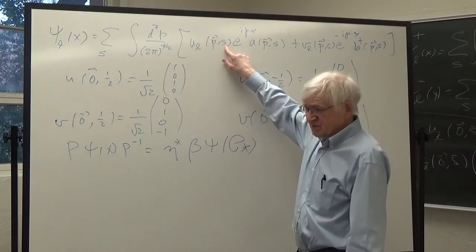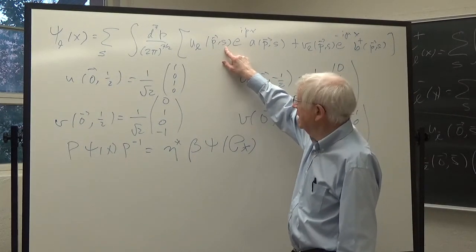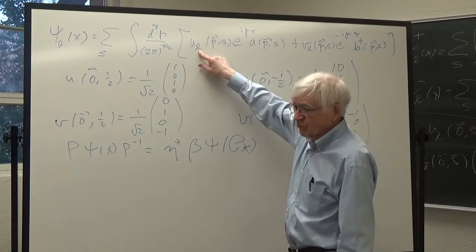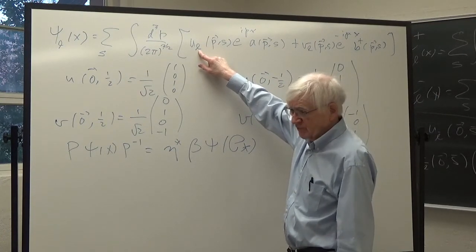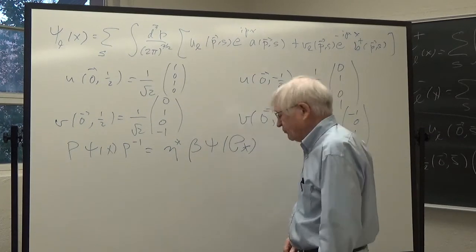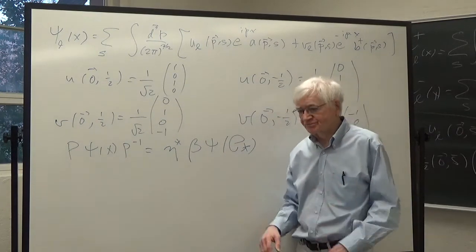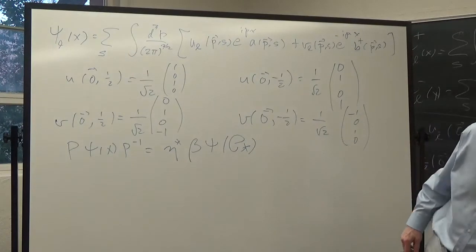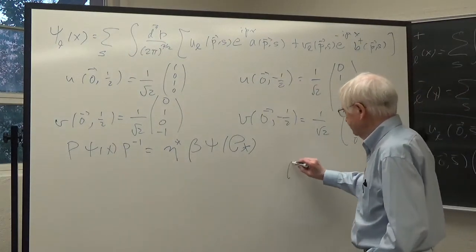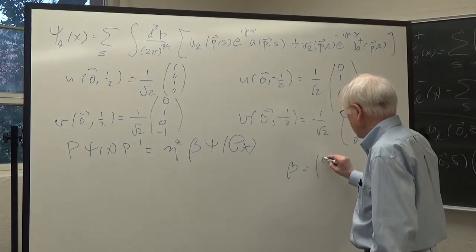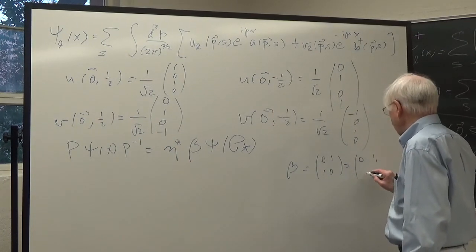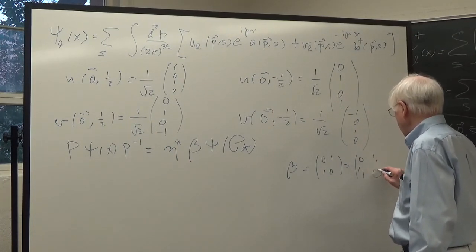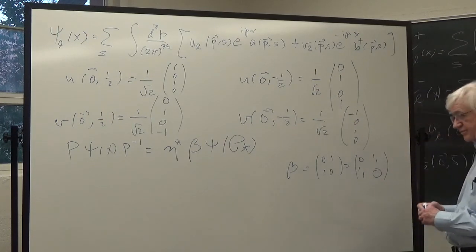The s is plus or minus a half, so there are two values, and the L takes 4 values. Beta is a 4x4 matrix. When I wrote beta's 0, 1, it's really blocked: 0, 1, 1, 0. It looks like that.